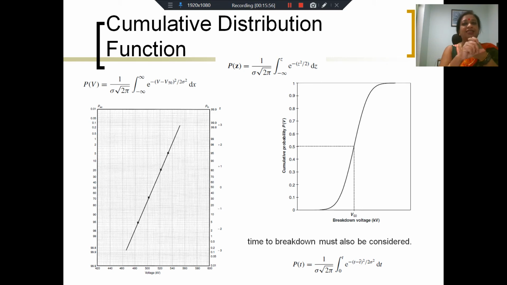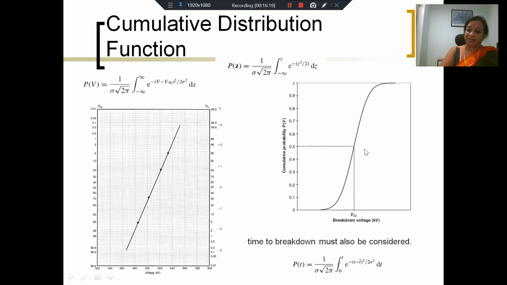It means that at values lower than that or equal to that, the total cumulative probability of failure is 50%. So as you keep raising the voltage, if you have a very large number of insulating materials, 50 of those will break down by the time you have approached this particular V50 value.